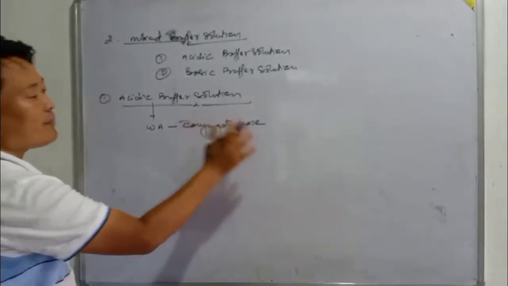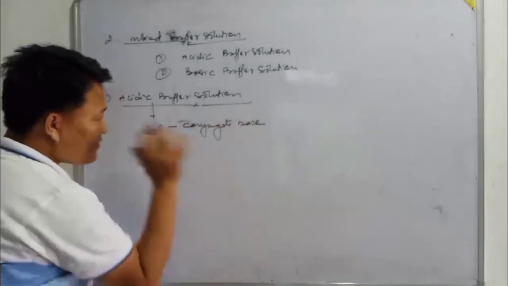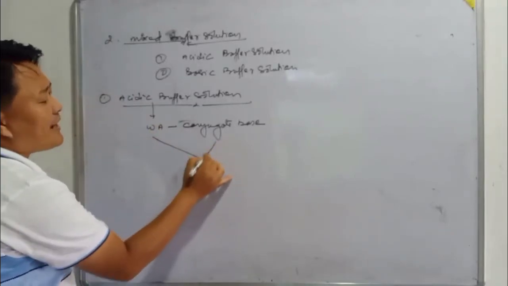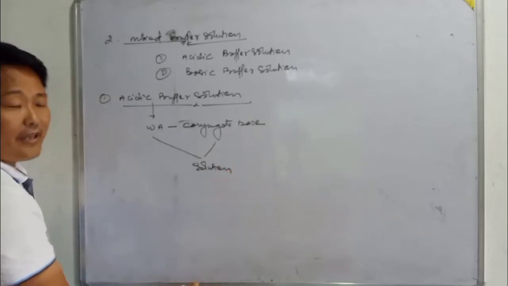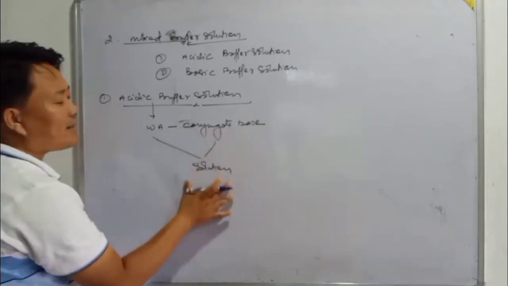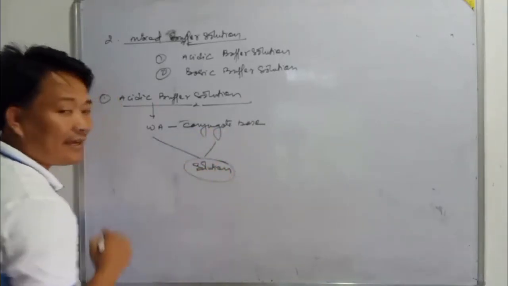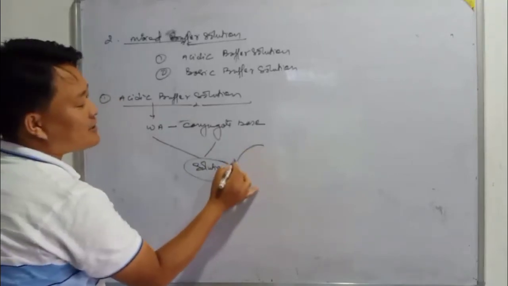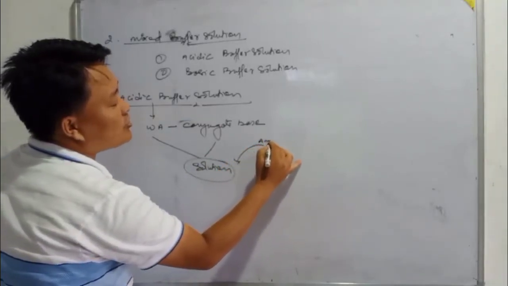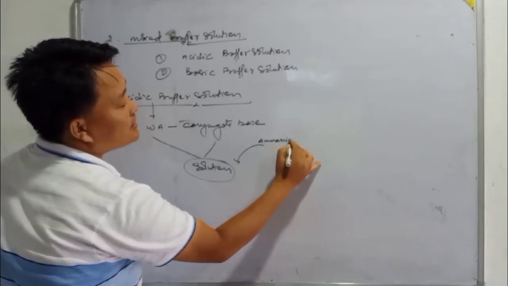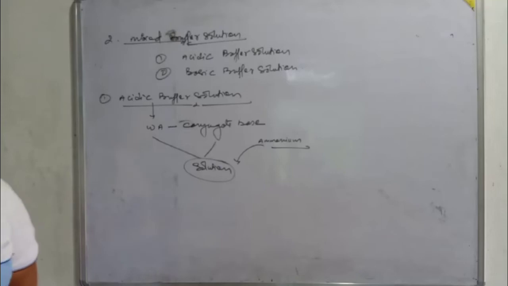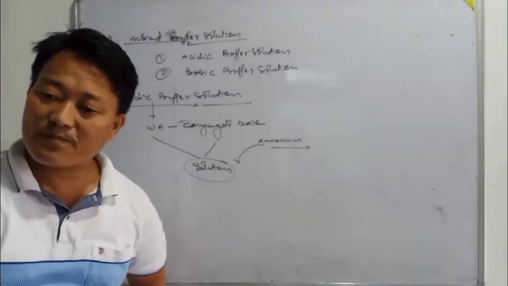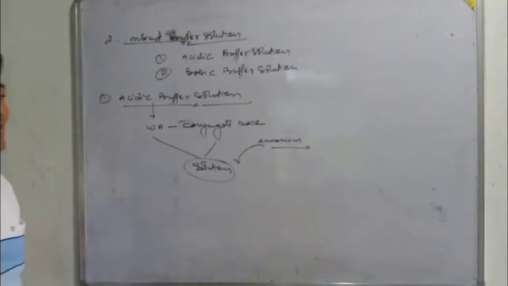So weak acid. Okay, for example, now see the solution which we get from here, जो solutions ये दोनों को combine करके मिलता है. Okay, if we add a small amount of ammonium solution, ammonium is any compound which carries ammonia, and ammonia is basic.